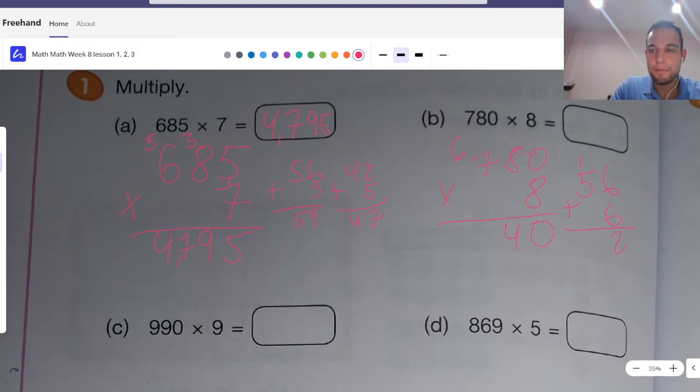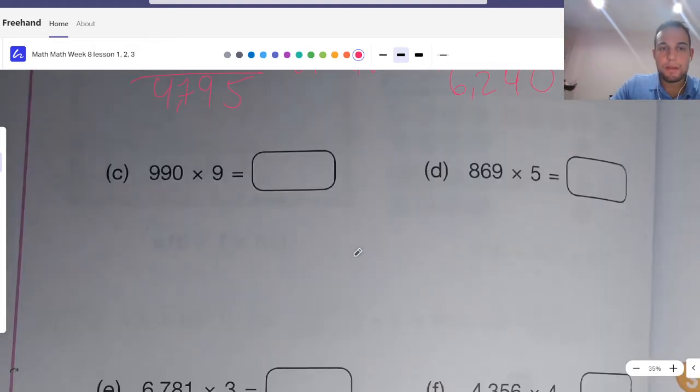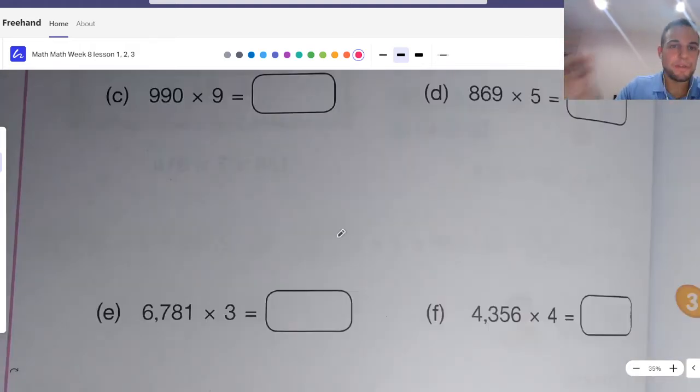Now we have 5 plus 1 is 6. So we have 6,240. Nice. All right, super easy, right? I think you guys are going to get this really fast.